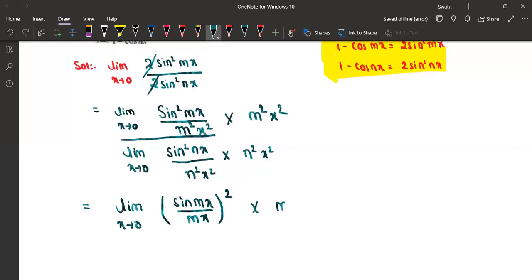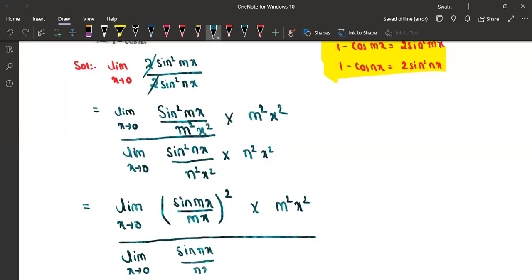And here also it is limit x tends to 0 sine nx upon nx whole square, with n square x square. Clearly, this x square I can cancel, and this m square upon n square I can write outside the limit.